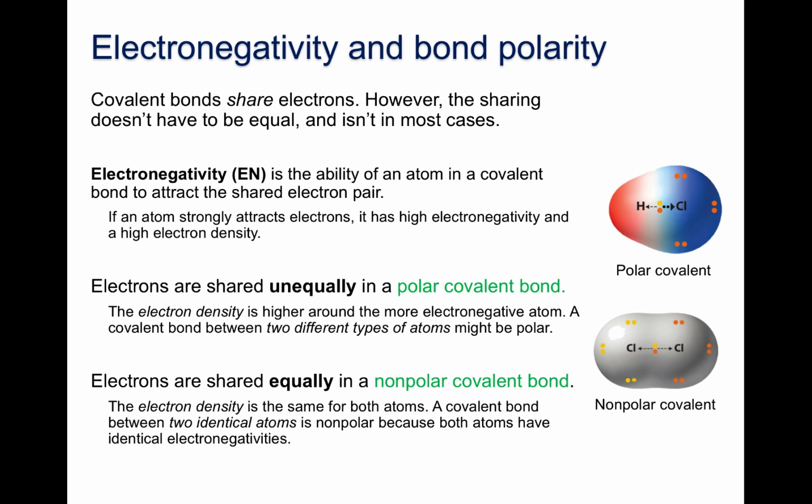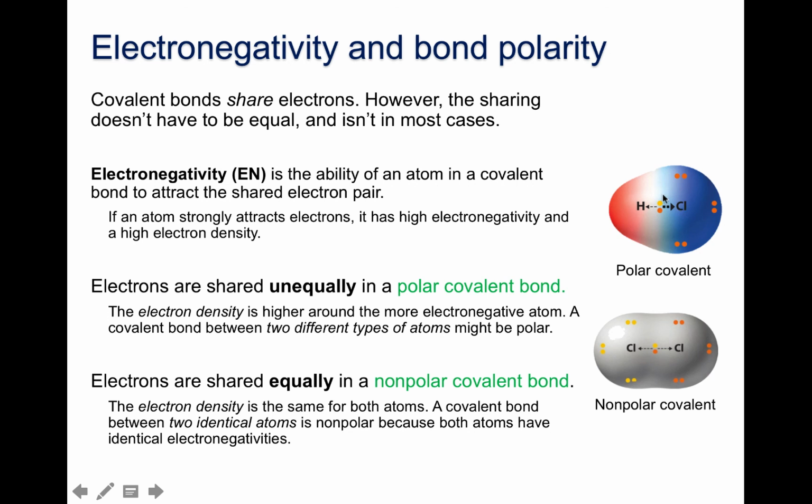And so if an atom attracts the electron strongly, we would say that that atom has high electronegativity and a high electron density, meaning the probability of finding an electron around an atom with high electronegativity would be higher. If the electrons are shared unequally, we call this a polar covalent bond. And we have one example of a polar covalent bond between hydrogen and chlorine.